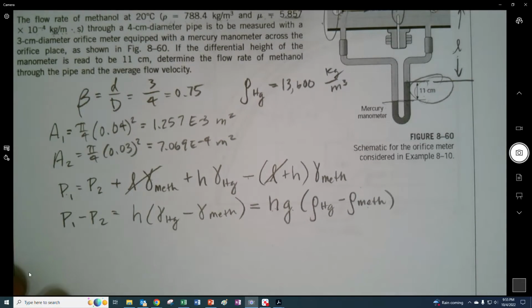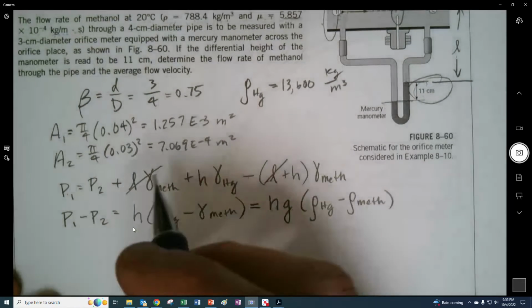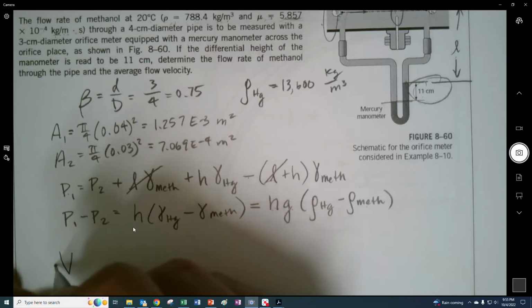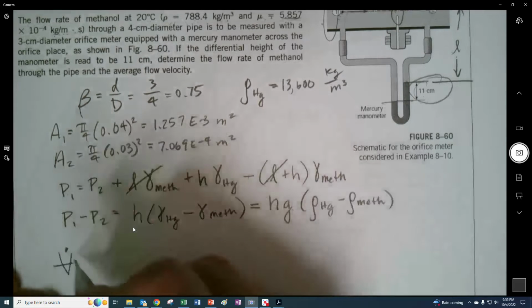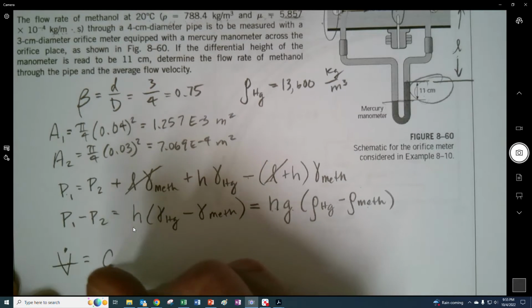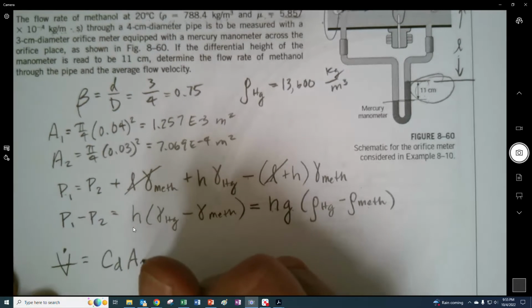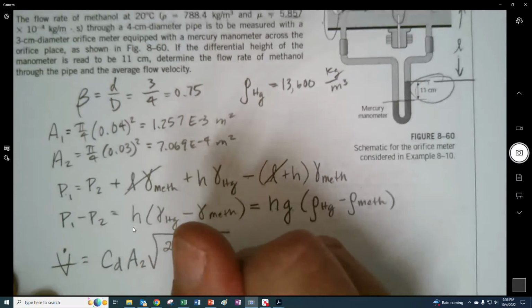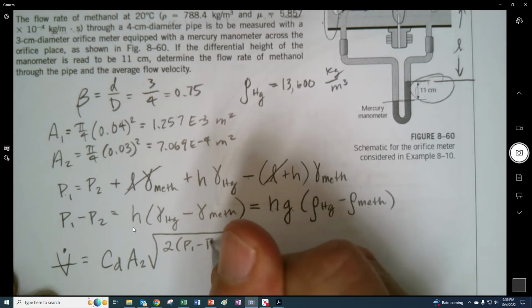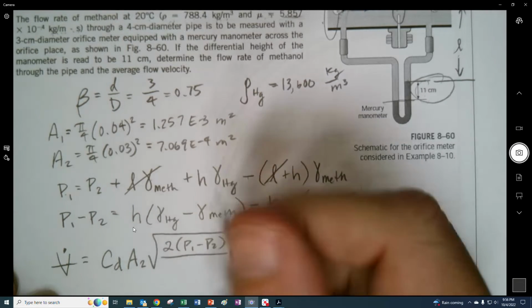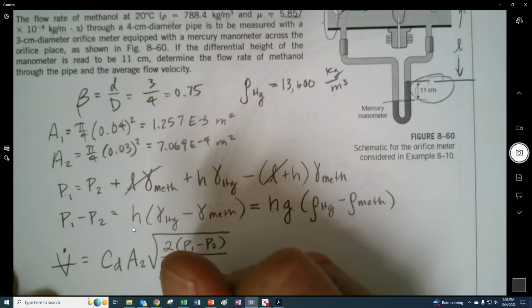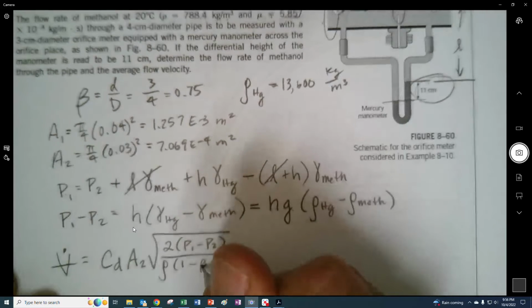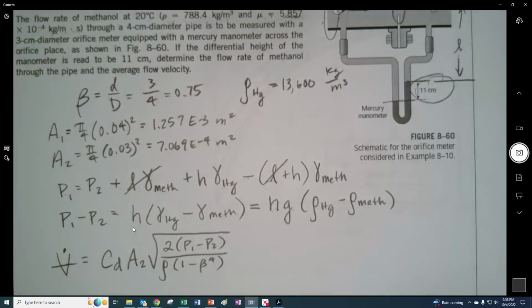One of the issues I'm going to have for my main equation, let me write it out, is going to be CD times A2 square root of 2 times P1 minus P2 divided by rho, 1 minus beta to the fourth.